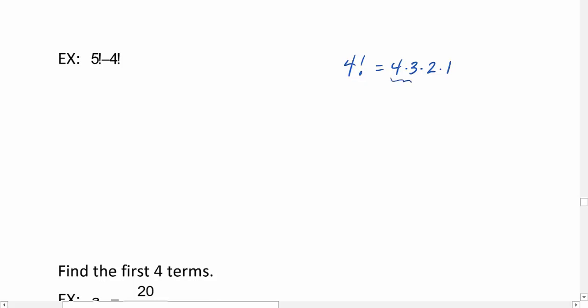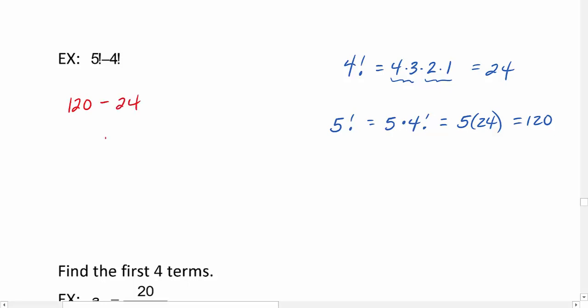We got 12 times 2, 24. So 5 factorial is just going to be 5 times 4 factorial, which is 120. So we're going to take 120, subtract 24, and get an answer of 96.